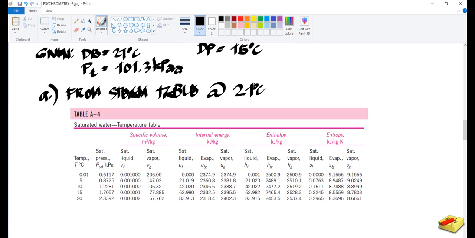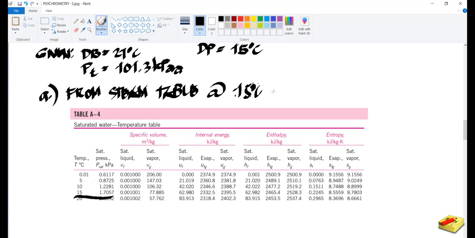dew point. Wait. So this is 15 degrees. Let's go to 15 degrees first. So this is 15 degrees Celsius. So 15 degrees we have here. Okay.